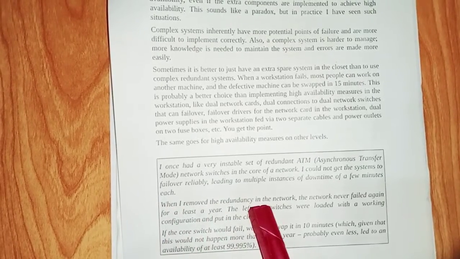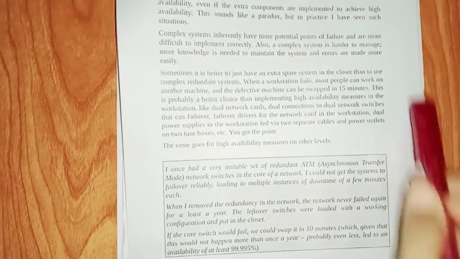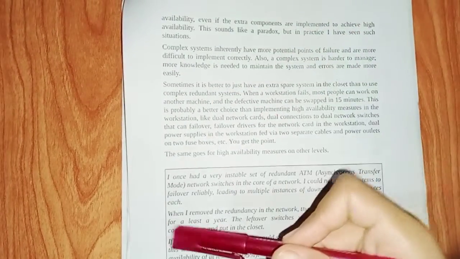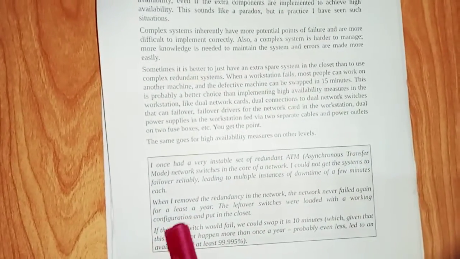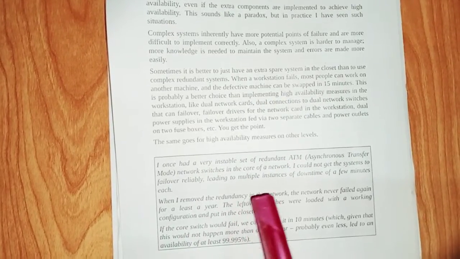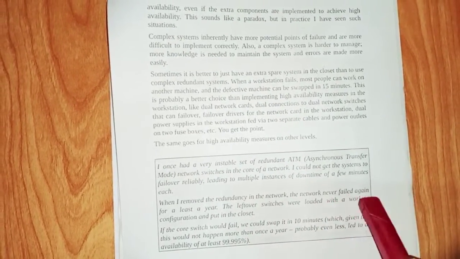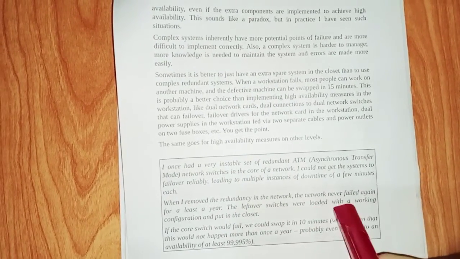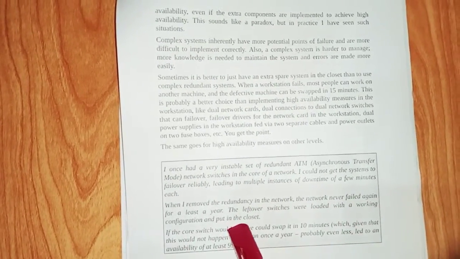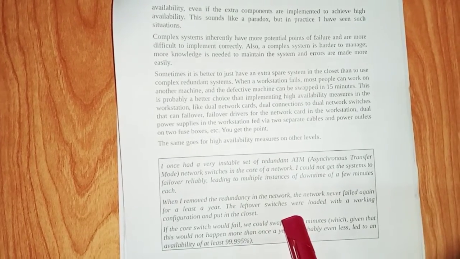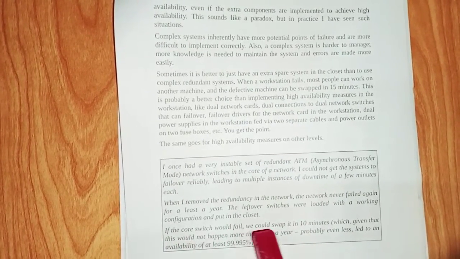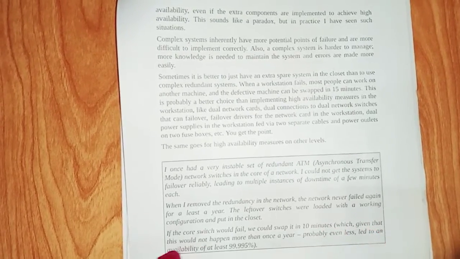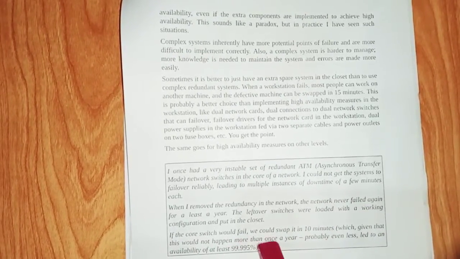When I removed the redundancy, the network never failed again for at least a year. The leftover switches were loaded with a working configuration and put in the closet. If the core switch would fail, we would swap it in 10 minutes, given that this would happen not more than once a year.